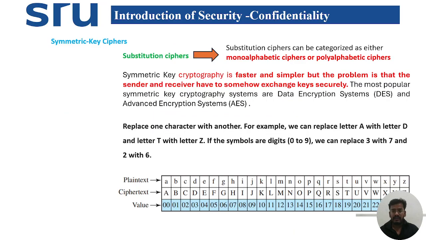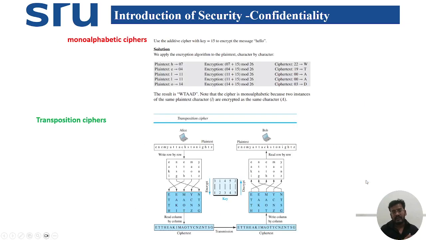It is W. That way we convert the plain text to ciphertext. Note that the cipher is monoalphabetic because two instances of the same plain text character, like L, are encrypted as the same character.